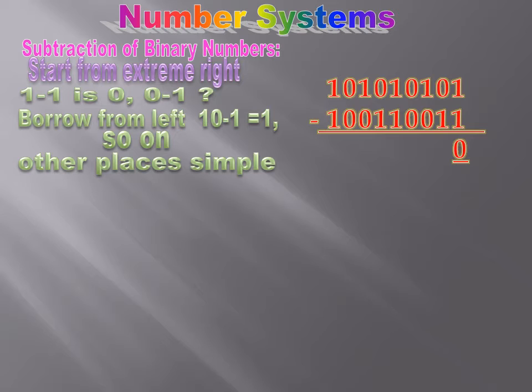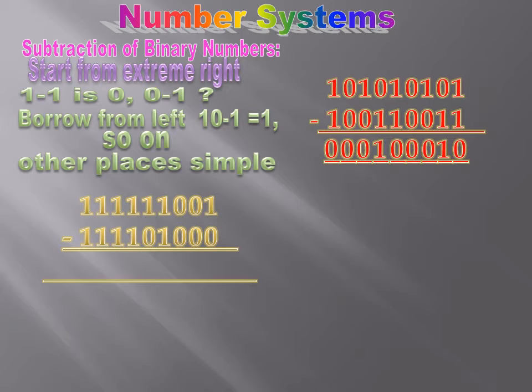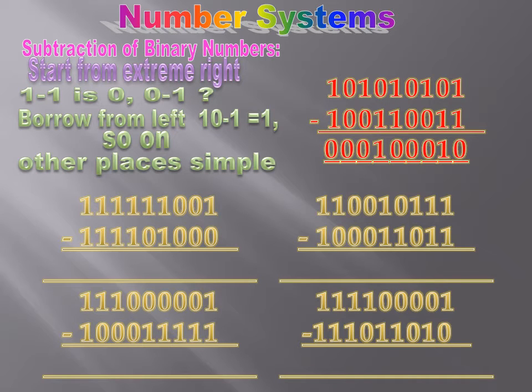In the same way, 1 0 minus 1 gives 1 as the result, and here it will be 0, again 0, and 1 minus 1 is 0, again 0, again 0, again 0, again 0. So this is the result. Take extra examples to understand the system.